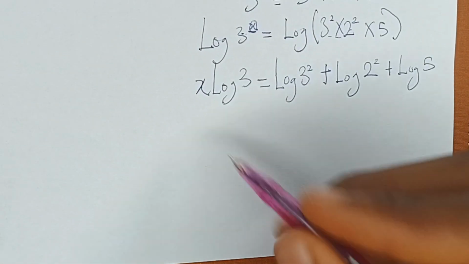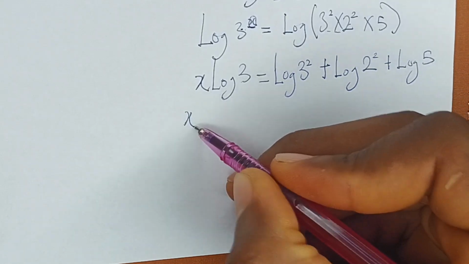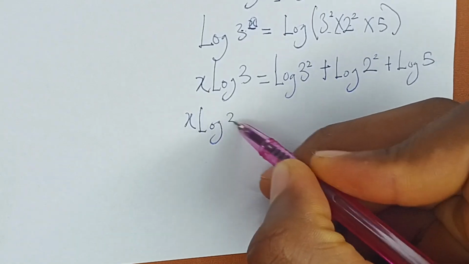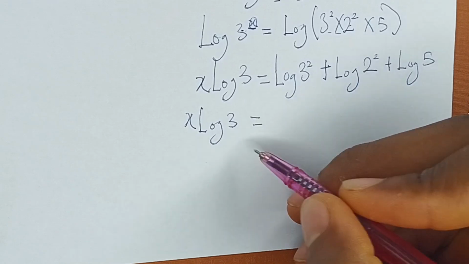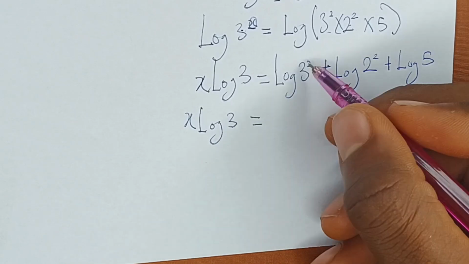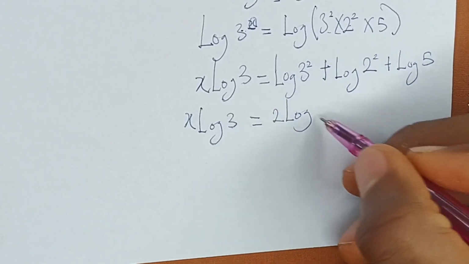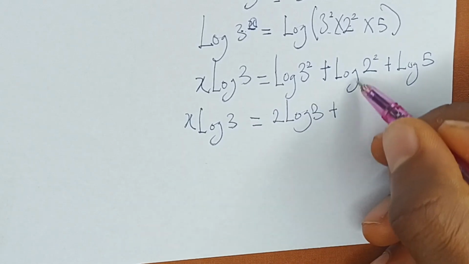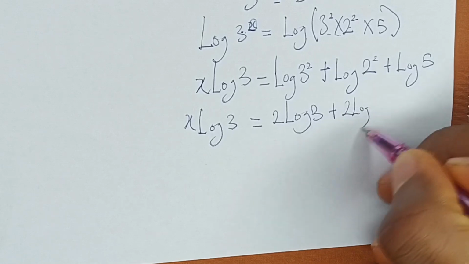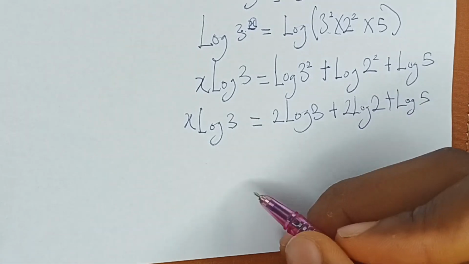Continuing from here, we now have x times log of 3 is equal to, at this point, you can now say log of 3 squared is the same thing as 2 multiplied by log of 3, plus, same thing here, 2 multiplied by log of 2, plus log of 5. Alright?